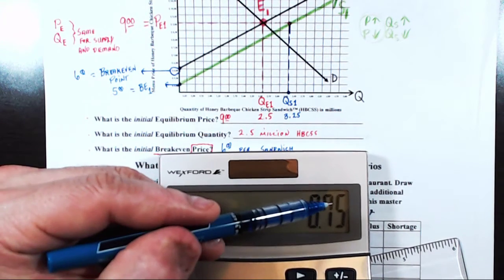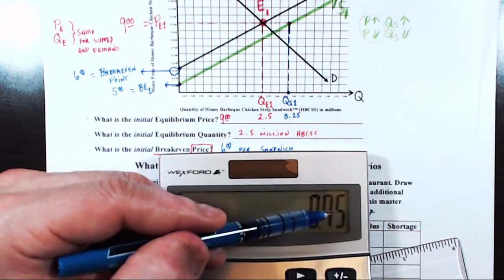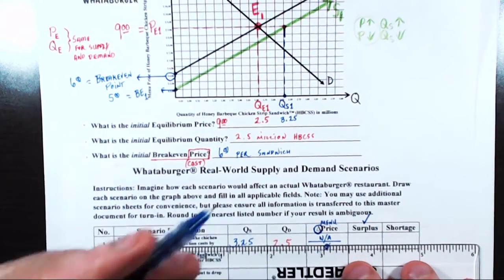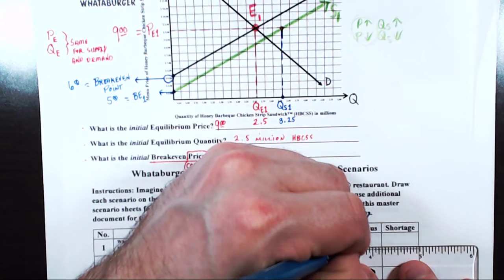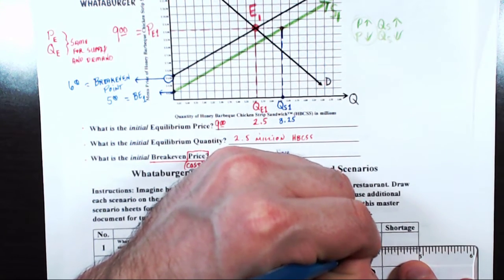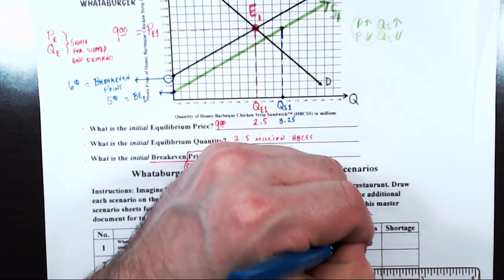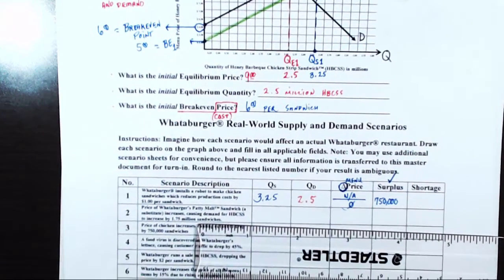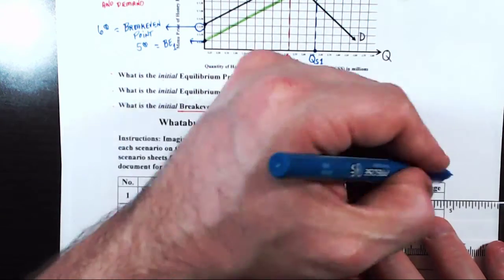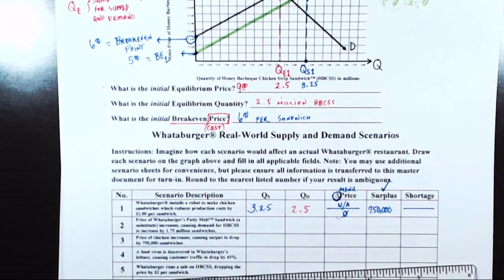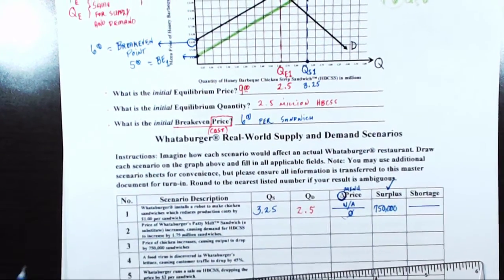So the surplus is 0.75 million sandwiches. We have a surplus now of 750,000 sandwiches, or 0.75 million. So there is no shortage. This is a surplus situation, so that's empty. And that is the end of scenario 1.